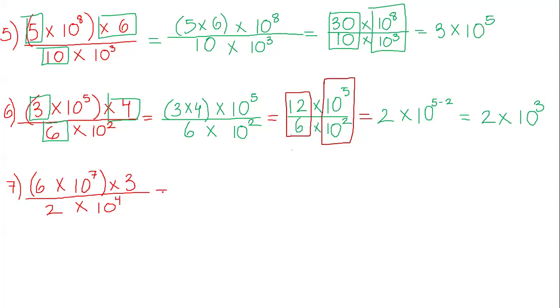Put your answer inside the chat, please. Be the first one to get this right. I have 6 times 10 to the 7 multiplied by 3 all over 2 times 10 to the power of 4.